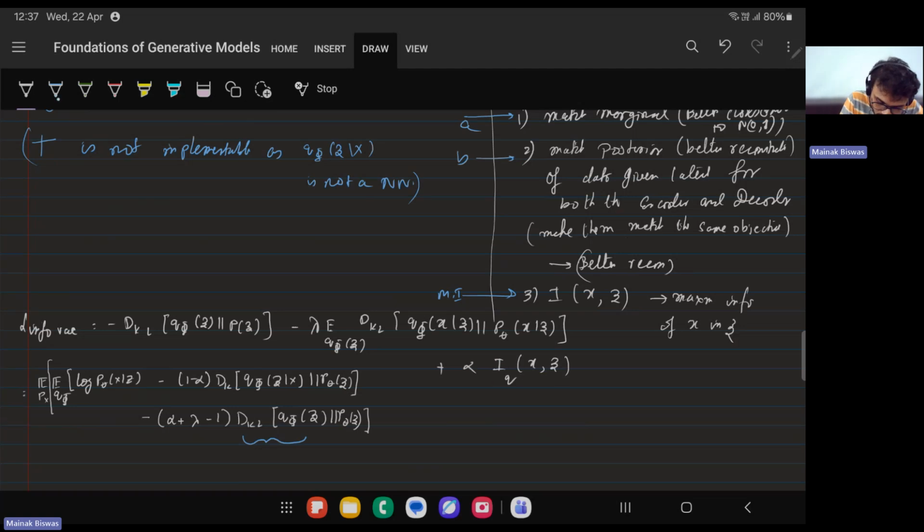You have a reconstruction, and this is regularization.